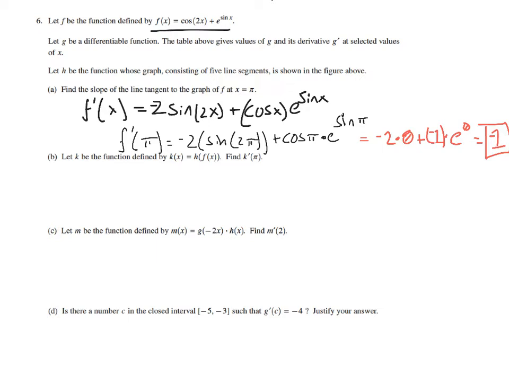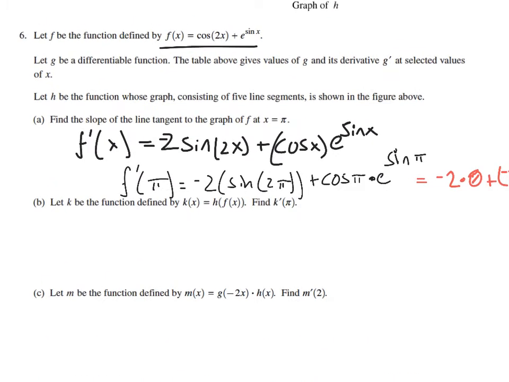All right. Next, we have k. Now, k wasn't one of the described functions here, but k is a composite function of h of f of x. So we're asked to find k prime of pi. Now, when you've got this composite and you're asked to find a derivative, what the test writer is looking for is the chain rule.